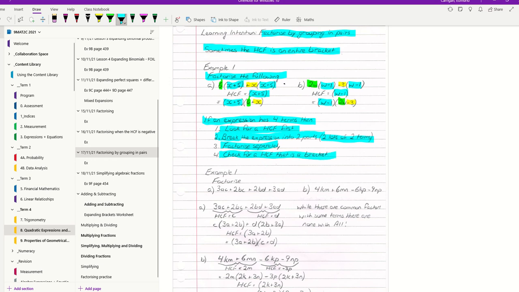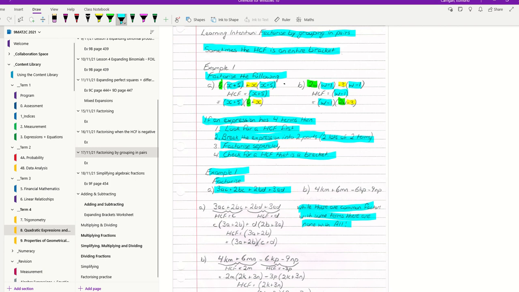So to look at our first example, we're factorising 3ac plus 2bc plus 2bd plus 3ad. If we look at these, while there are common factors with some terms, there are none with all. I've got a c in the first 2, a b in the second 2, a d in the third 2, and an a in the first and the last, but I haven't got any letter in all of them.